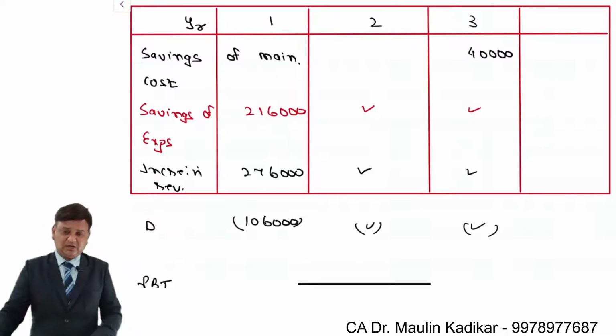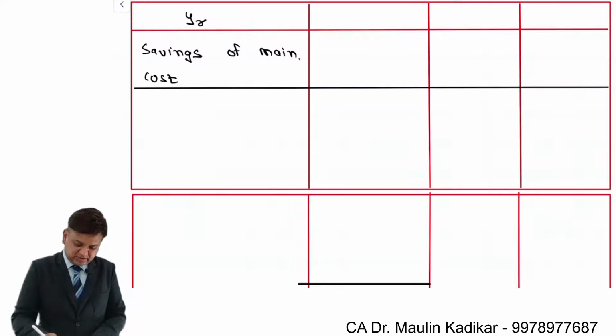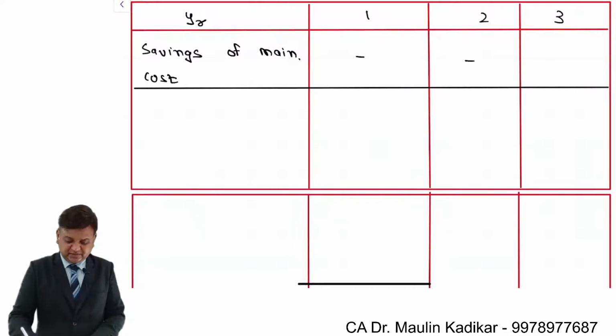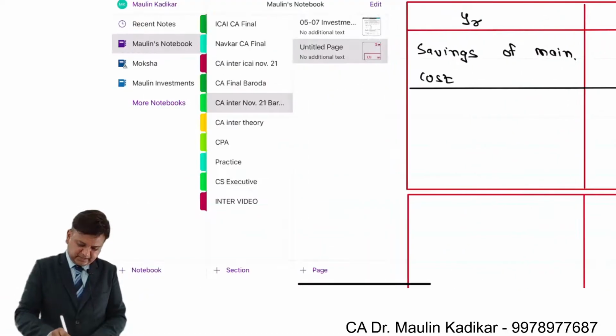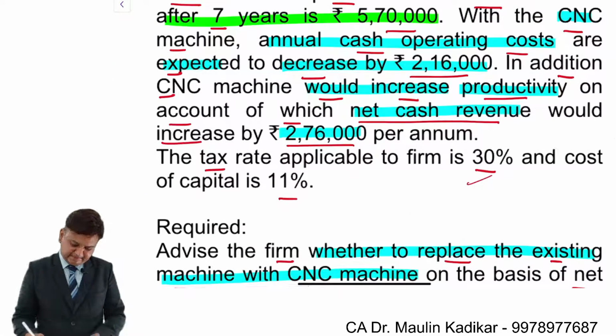So write down the answer along with me. So it is year 1, year 2 and year 3. Savings of maintenance expenses will start from the 4th year onwards. Next is reduction in cash operating expenses.